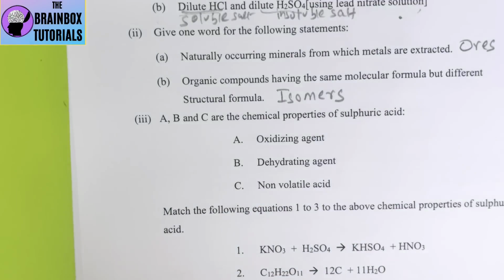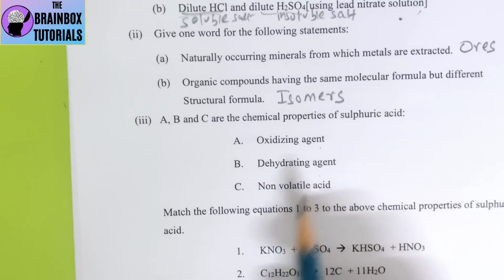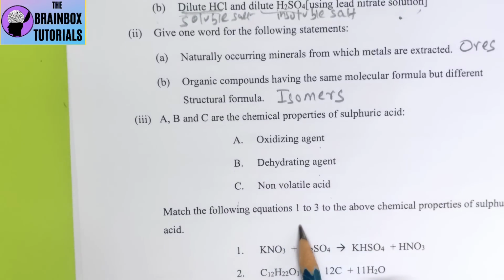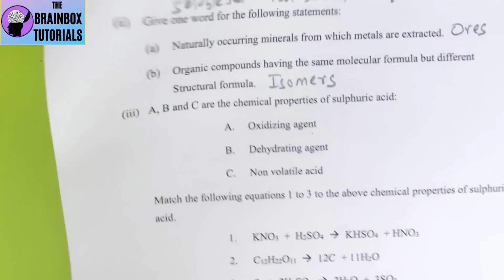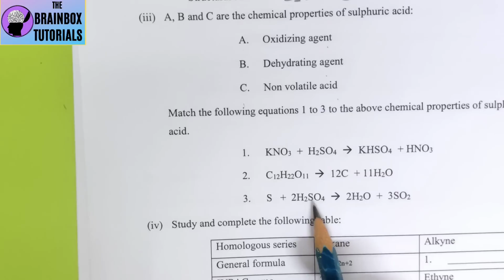Now part 3. A, B and C are the chemical properties of sulfuric acid. Number A, oxidizing agent. Number B, dehydrating agent. Number C, non-volatile acid. Now match the following equations 1 to 3 to the above chemical properties of sulfuric acid. So here are the 3 chemical equations given.